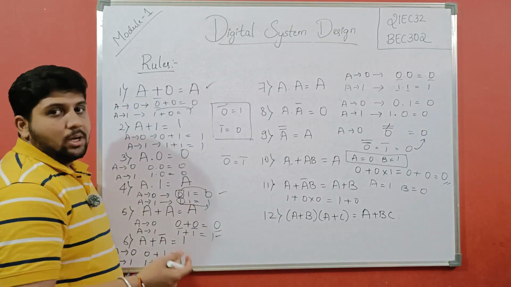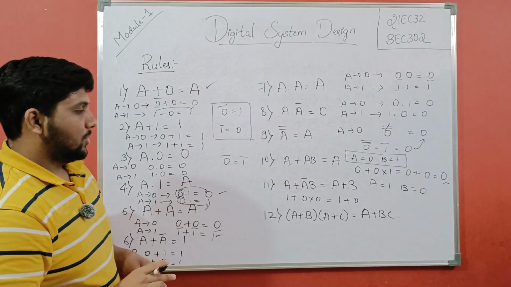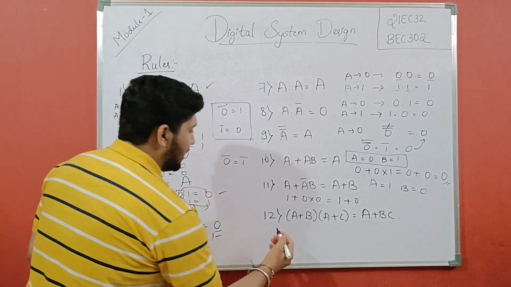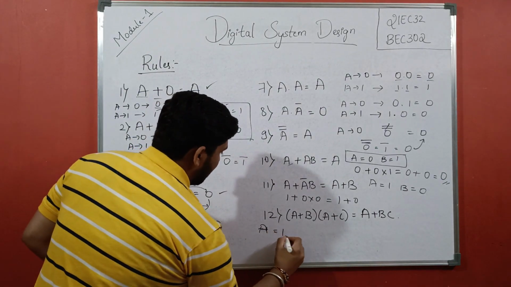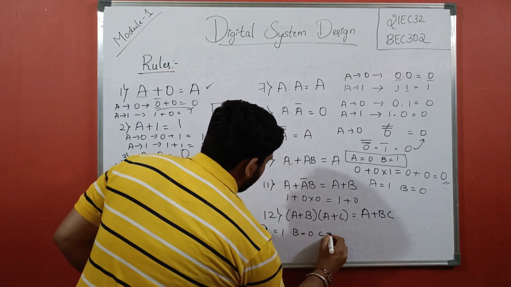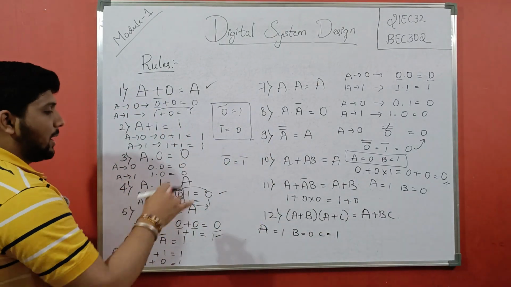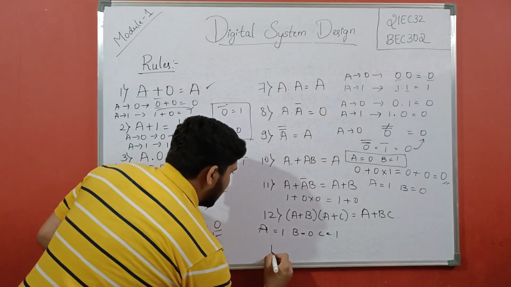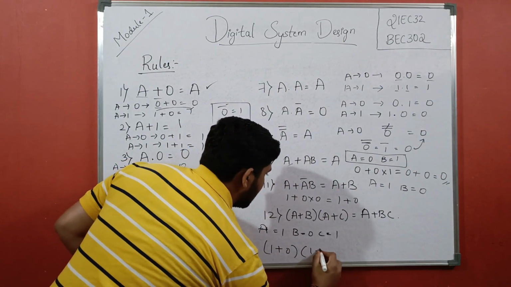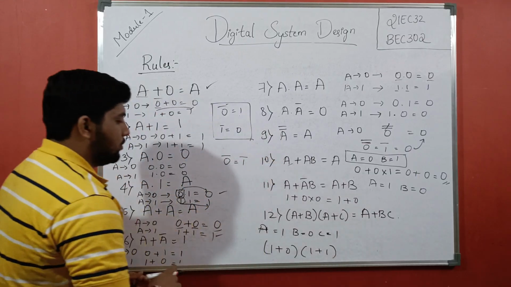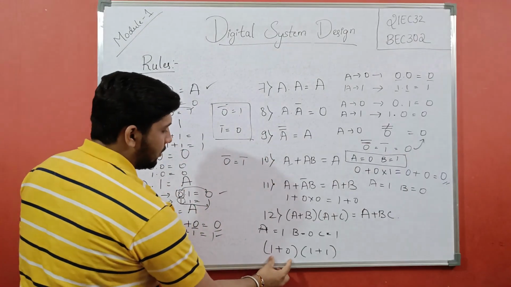Talking about the 12th rule, it is a bit like the distributive law. Okay, so here let's say A to be 1, B to be 0 and C to be 1 again. When I substitute it back into the rule here, I'll get 1 plus 0 and 1 plus 1. Okay, this is the BODMAS rule.